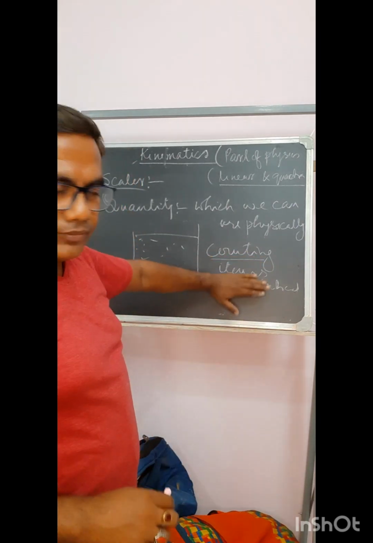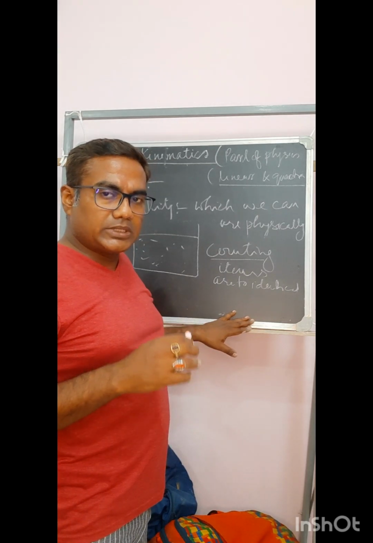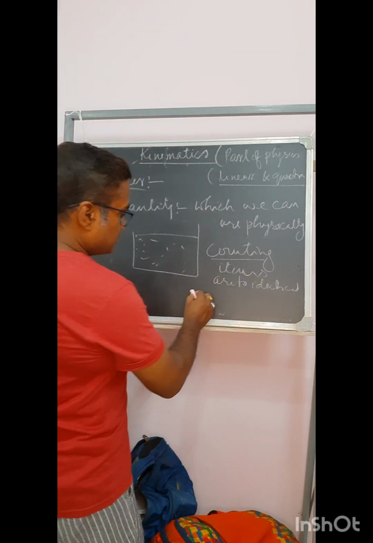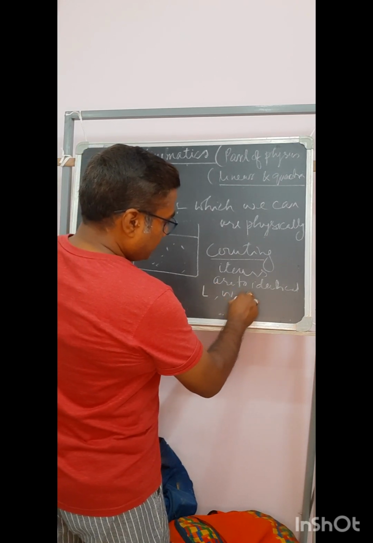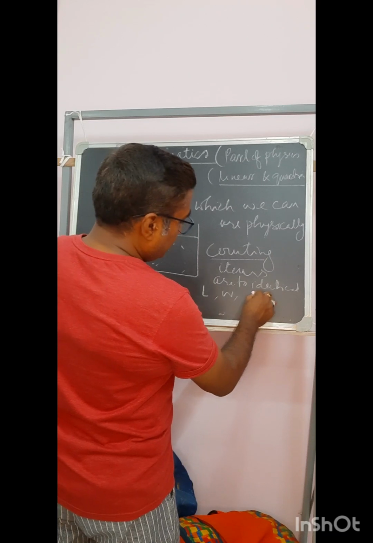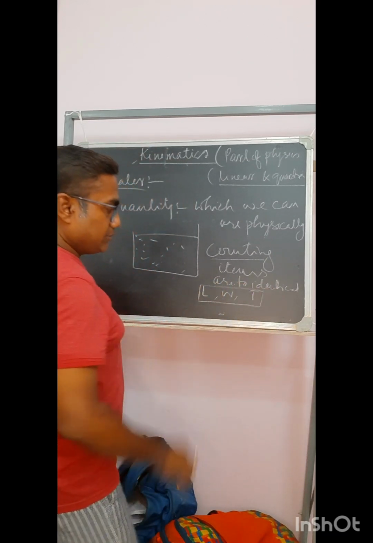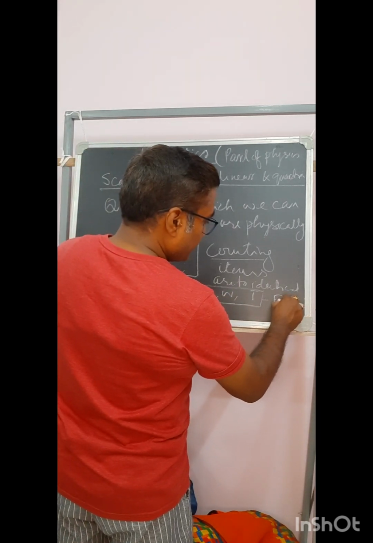So counting may not be taken as a standard measurement system. Rather, the things that should be considered are length, weight, and time. These are the standard things that can be taken, and these are the fundamental quantities.